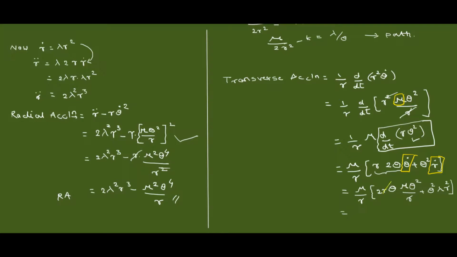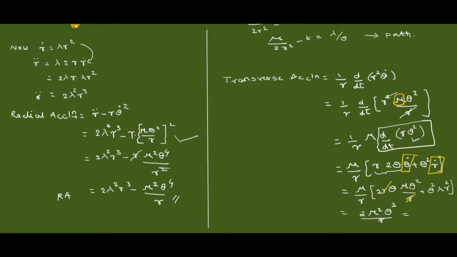So in this case this r and r get cancelled, and directly multiplying you will get mu into this whole term, that is 2 mu into mu is equal to mu square, then theta into theta square is theta cube divided by r.